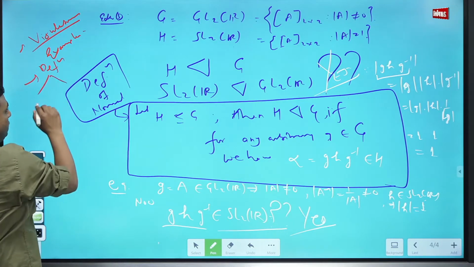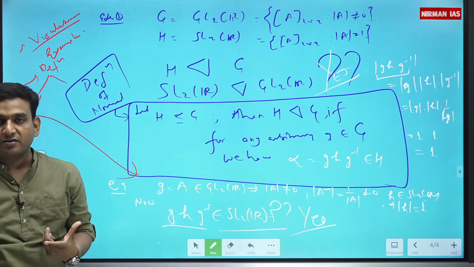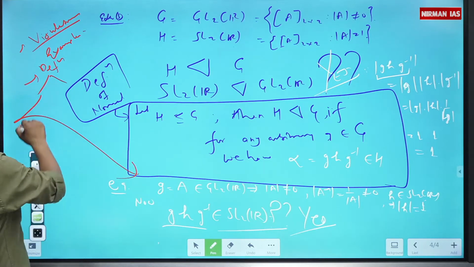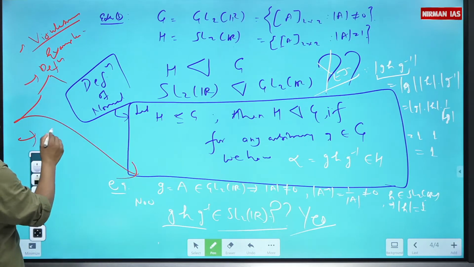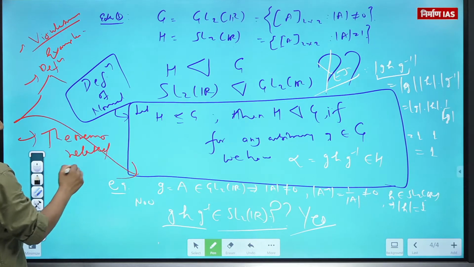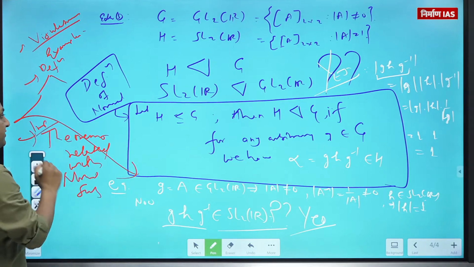What is the use of definition? Then I told you how to use that definition. Is that clear? Now there will be a third part, that is nothing but some theorems related with normal subgroups. That is the important part for you guys.